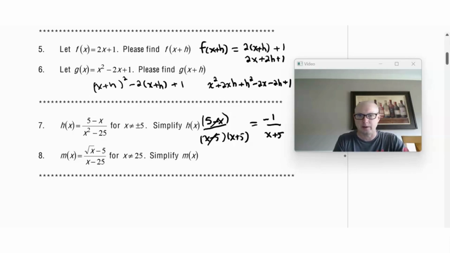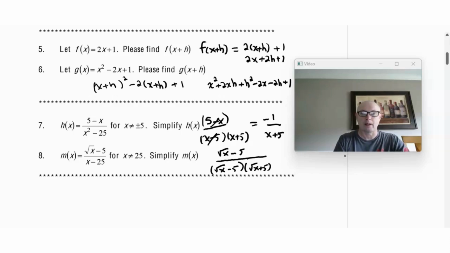All right, so the next one, this would be another factoring that you may not have seen, but it may pop up on the AP Calc. We have root x minus 5 divided by x minus 25. And well, what a lot of students don't realize is that we can actually split up the denominator as root x minus 5 times root x plus 5, kind of like treating it like a difference of squares.